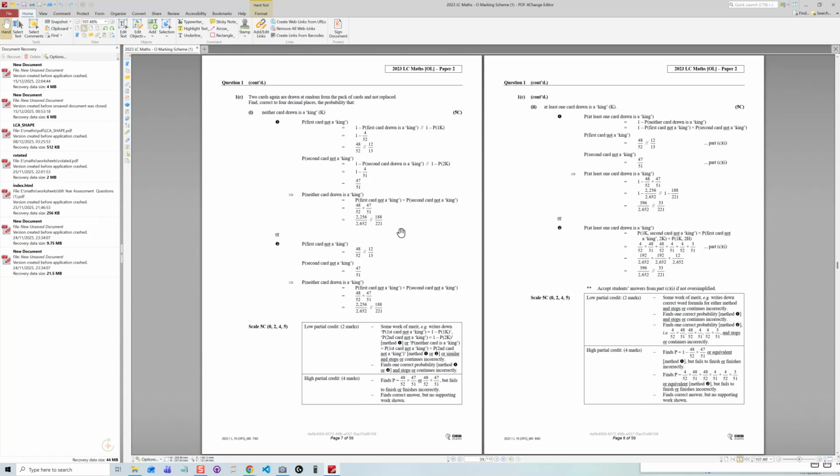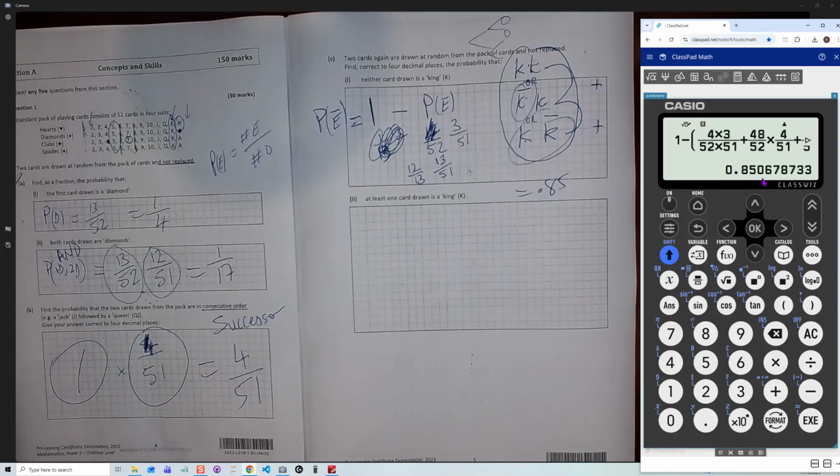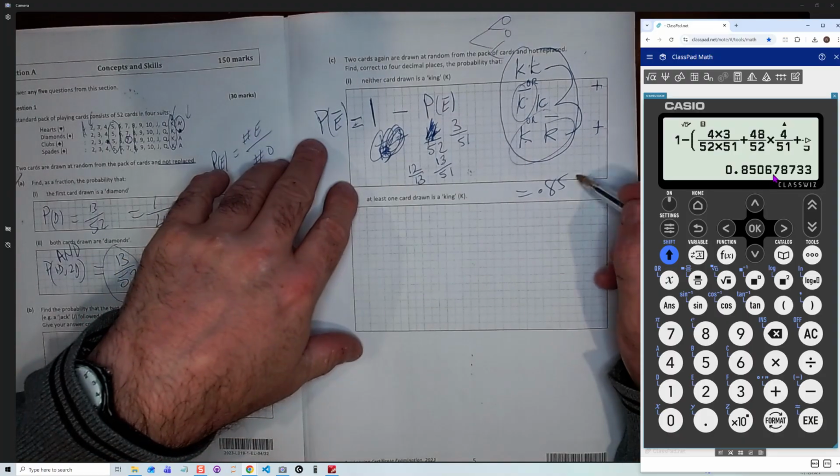Which was 1 minus the probability of all of these. Did it go to the right number of decimal places? To 4 decimal places. I should have said to 4 decimal places. Let's come back to that. 0.8507.